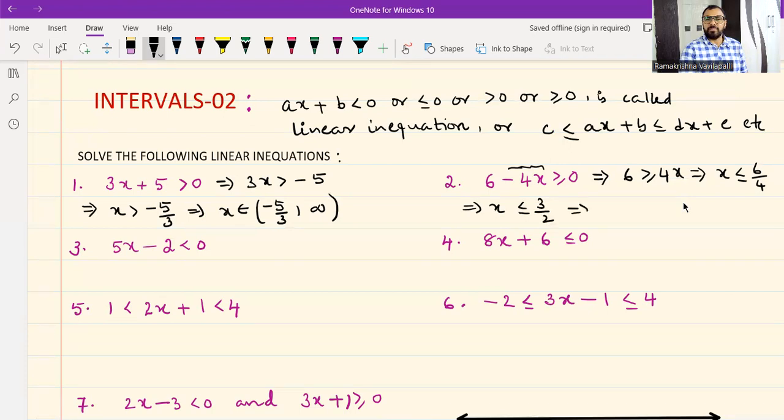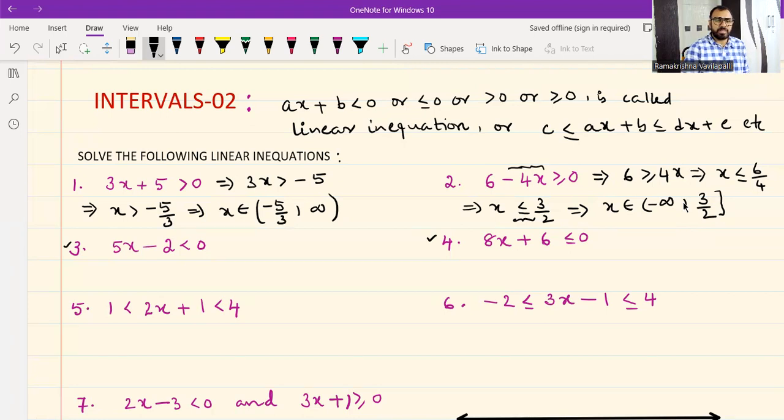So in interval form, x belongs to, there is no left end, so minus infinity to 3 by 2. Here less than or equal to is there, so we have to write a closed interval. You can try the third and fourth questions by yourself.